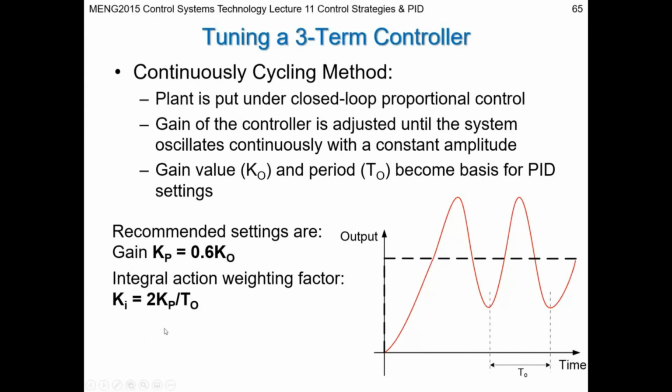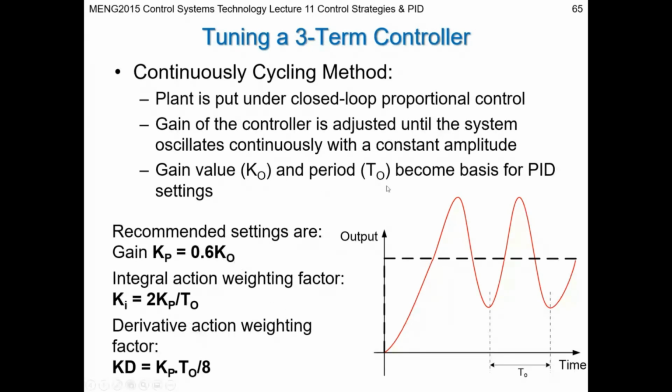So our Ki gets a value, assuming a couple of simple assumptions. K0 is 5, T0, what did I just say? I can't remember what I said. Anyway, 3, something like that.